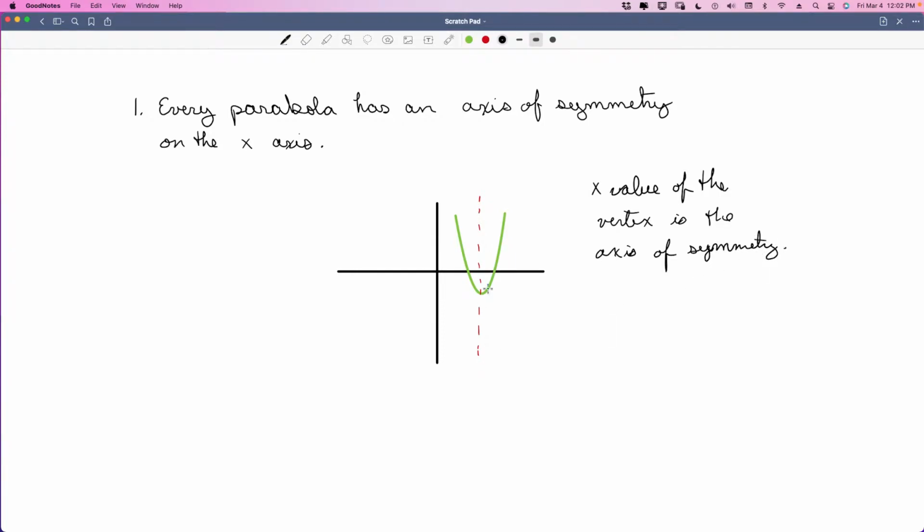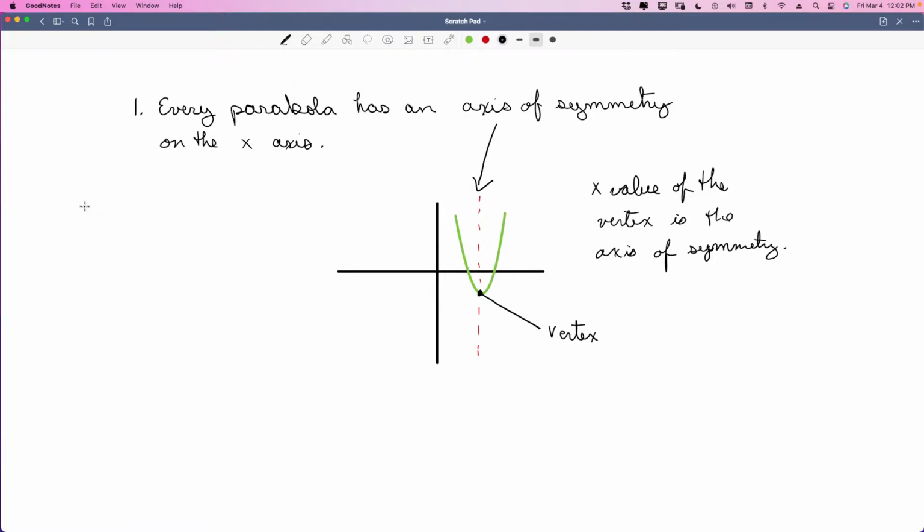All right, so make a little note of that and make that illustration that this is the axis of symmetry, and this is the point at which these two sides of the parabola meet, and it is going to be on the axis of symmetry. So that is the vertex.